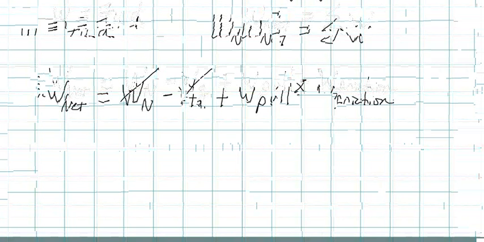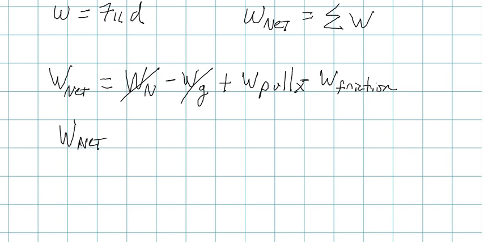So work done by pull in the x direction is going to be the force times the cosine of our angle theta times the distance it traveled minus the force of friction times the distance traveled.